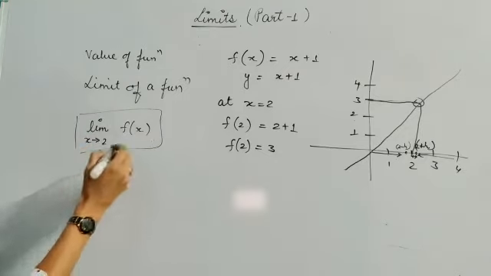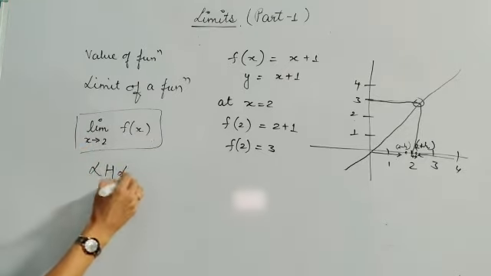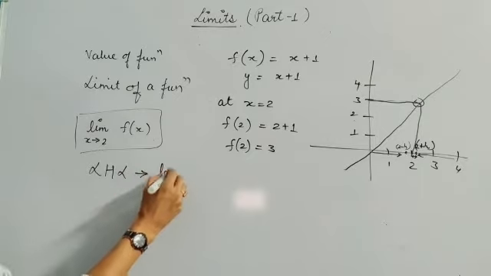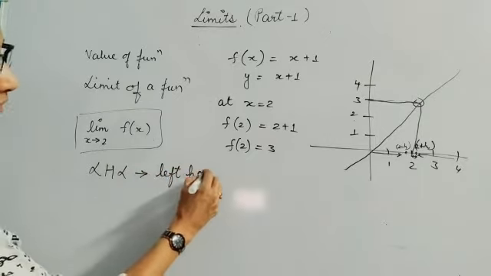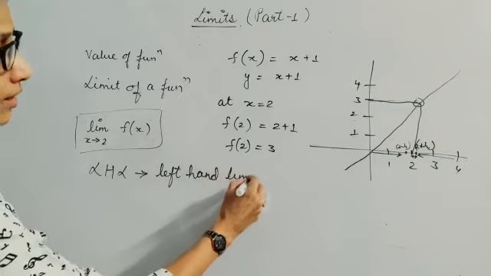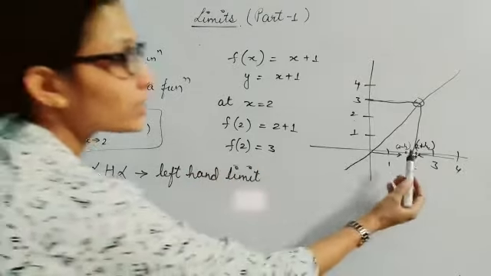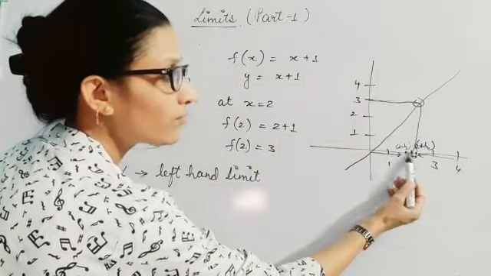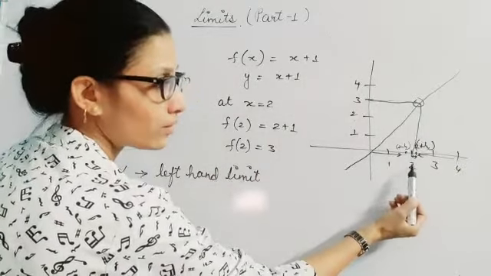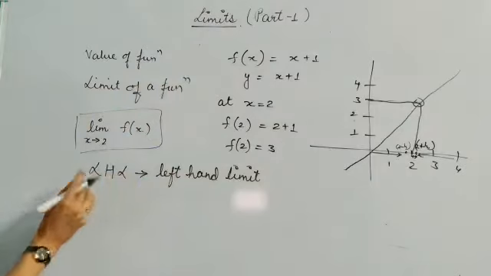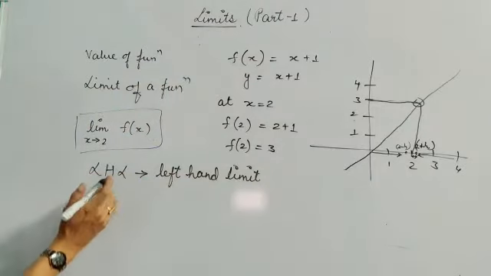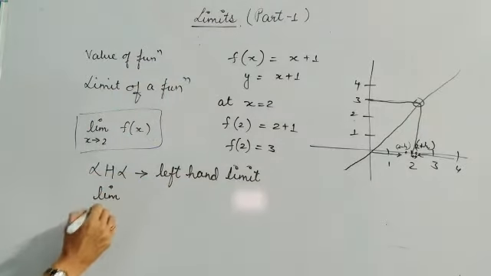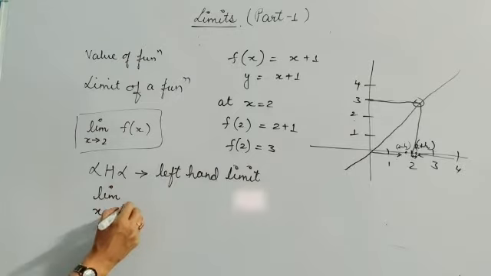Now, if we are taking LHL, which is known as left hand limit, left hand limit means we are taking the nearest neighborhood point towards the left of the particular point. So whenever we write LHL, we write it as limit x tends to 2 minus.